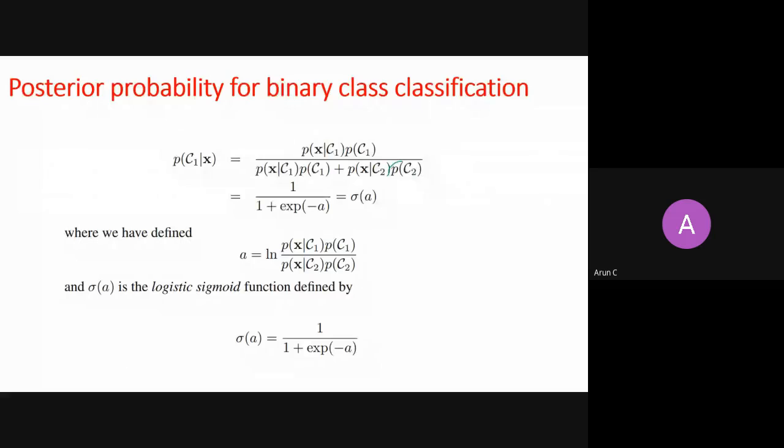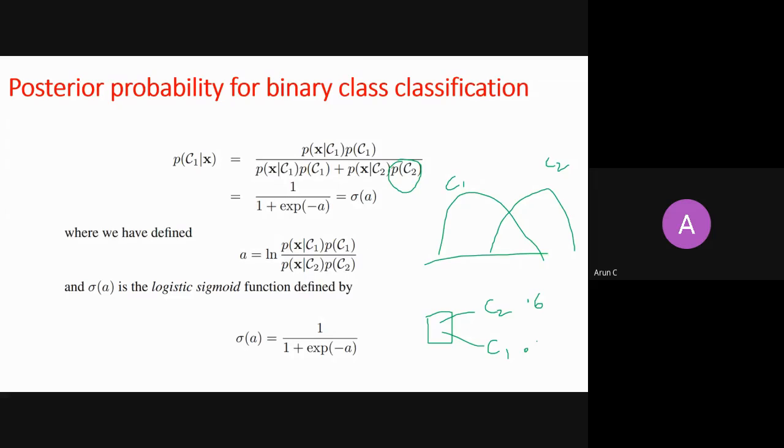This is the probability of seeing class C2. Let's say there are two classes, C1 and C2. This is the C2 class and this is the C1 class. This is a conditional probability, but seeing C1 and C2 itself is a probability. Let's say I toss a coin that comes up with 0.6 probability for C2 and 0.4 probability for C1.